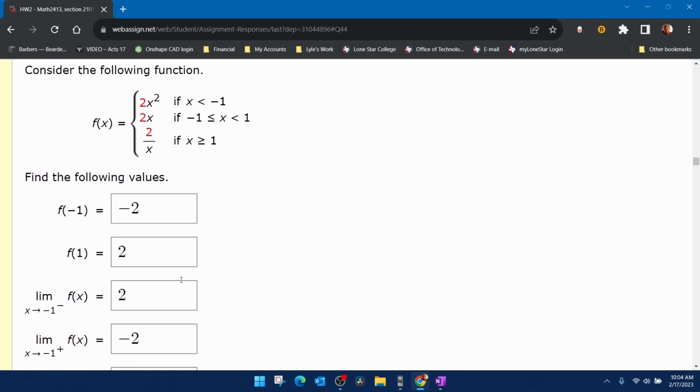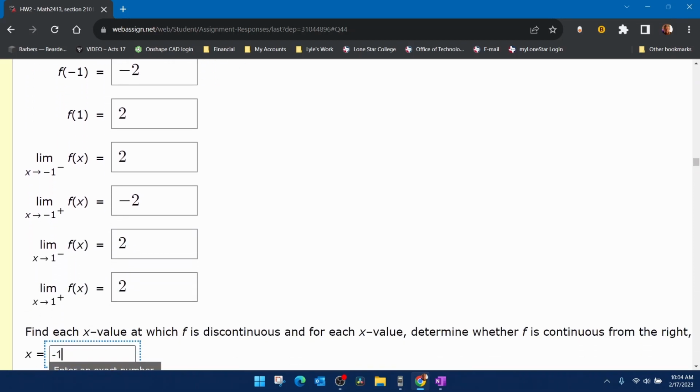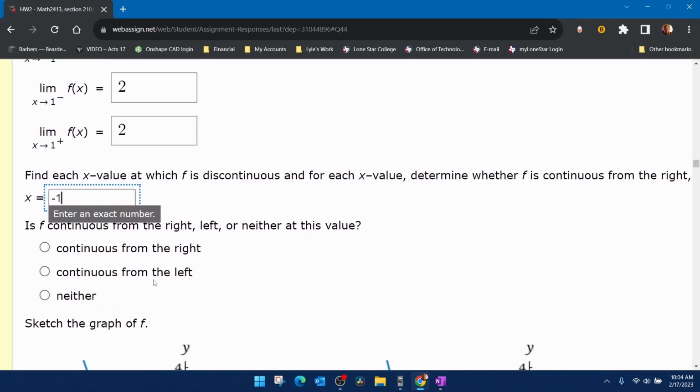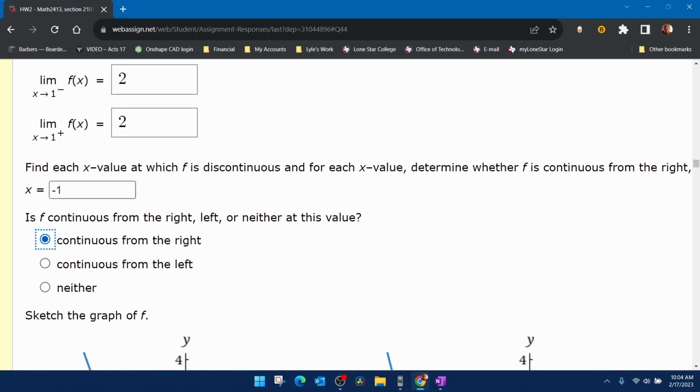And we can see the middle piece says x greater than or equal to -1. It's got the equal to part for -1. So that means that as we come in from the right, the graph will be continuous because it's included in that part of the function. That's where it would be continuous, where the -1 is actually allowed to be.